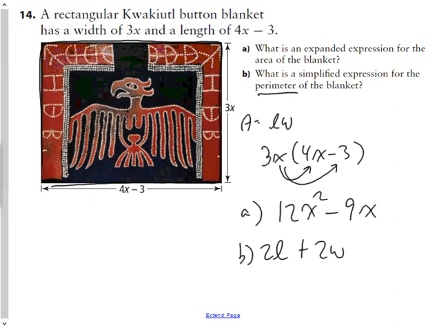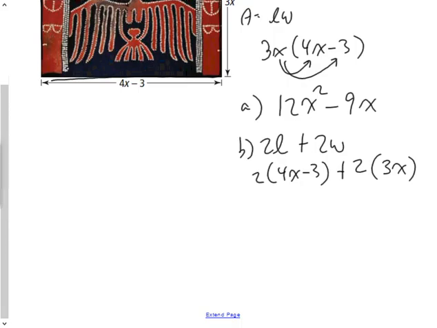So therefore, I have 2 of 4x minus 3 lengths, and I have 2 3x's. And those combined will end up being the perimeter of the entire blanket. So I have 8x minus 6 here when I expand that, plus 6 more x.